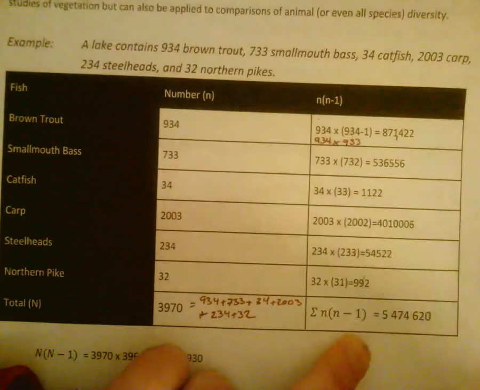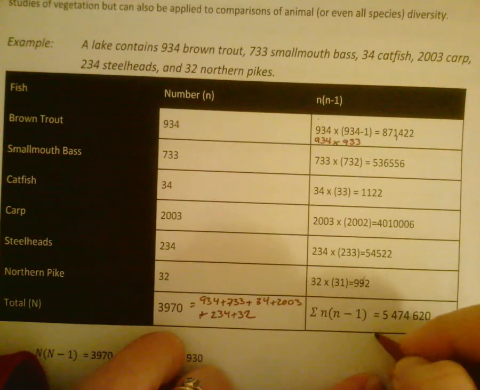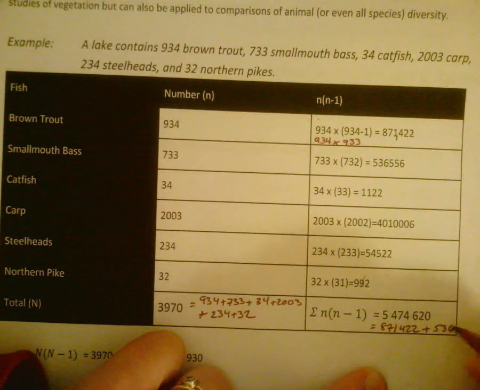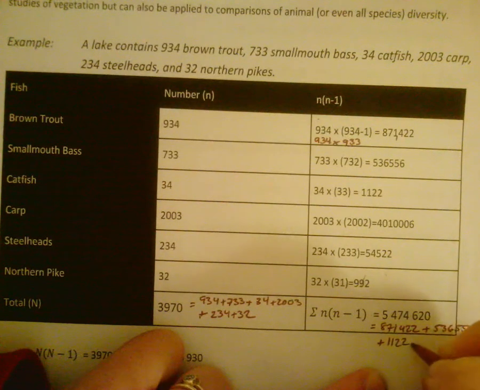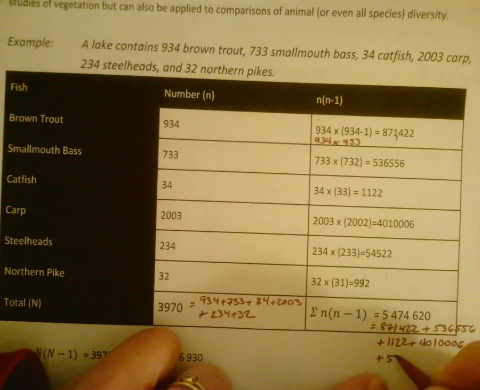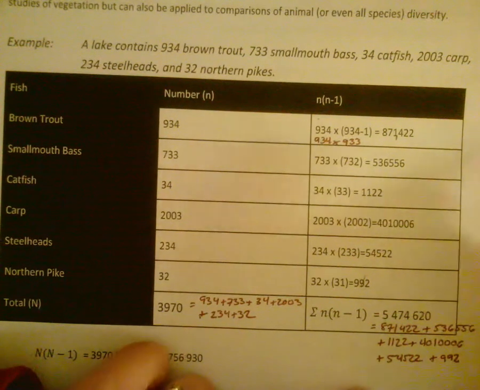So again, if we wanted to show our work, this should be equal to 871,422 plus 536,556 plus 1122 plus 401,006 plus 54522 plus 992. Okay, so they're just adding all of these numbers together, so you can always double check it.